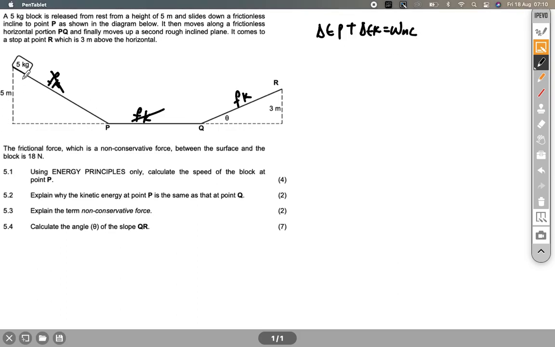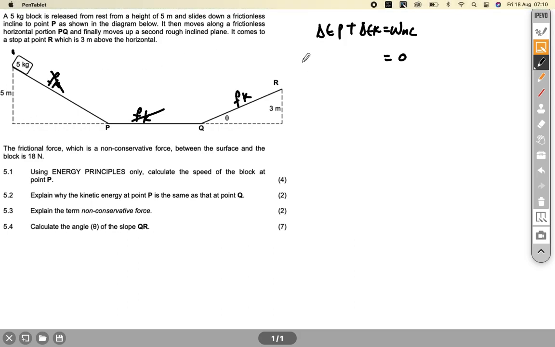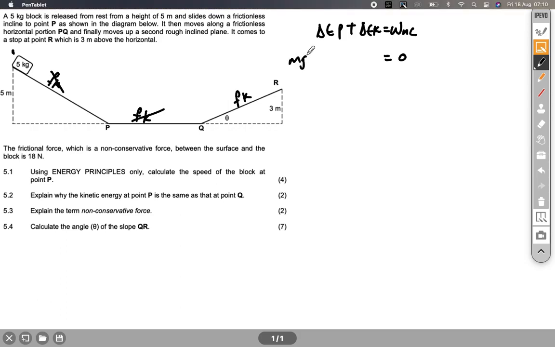But now, there's no non-conservative force between this initial spot and P. So our work done by a non-conservative force is 0. And then our change in potential energy would be given by mg (h final minus h initial).